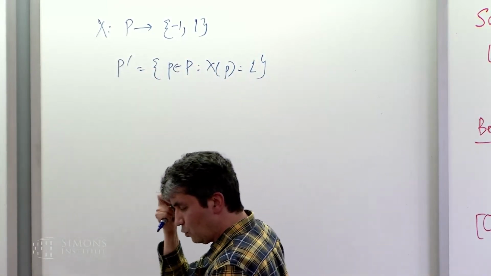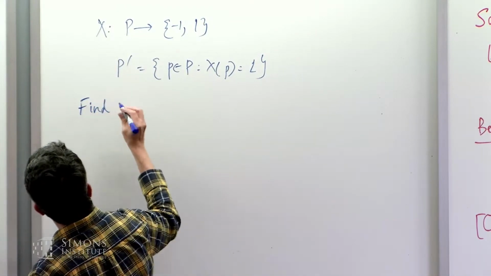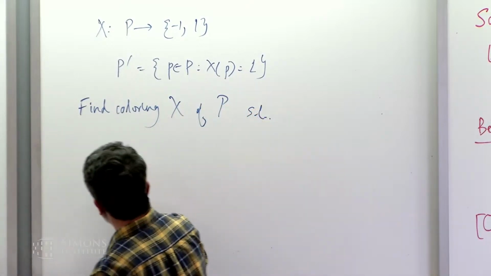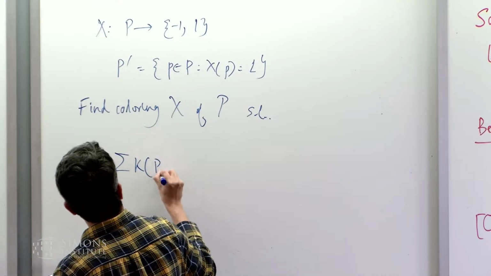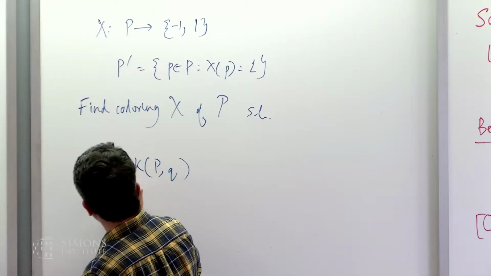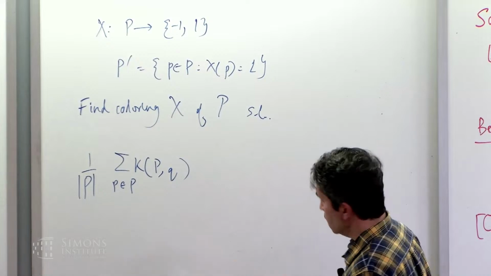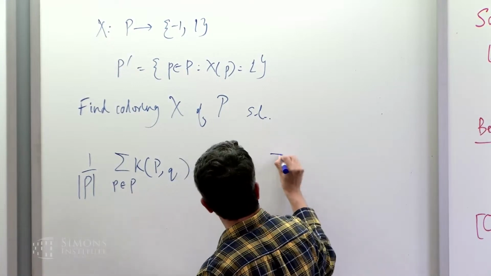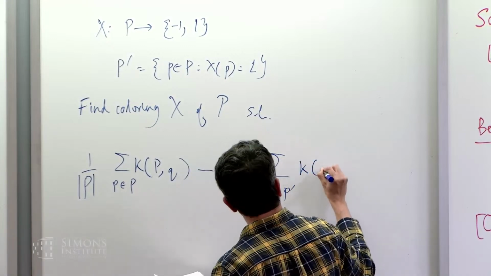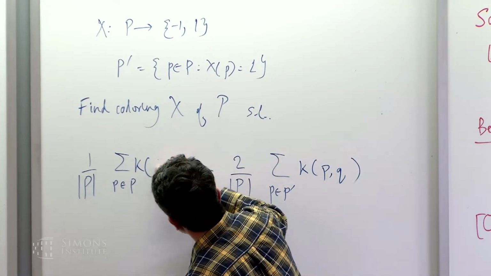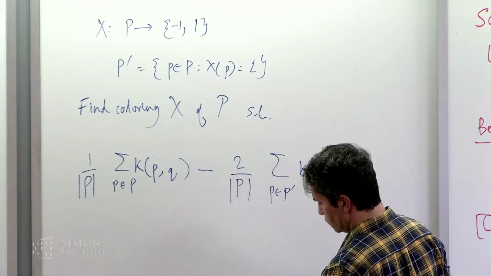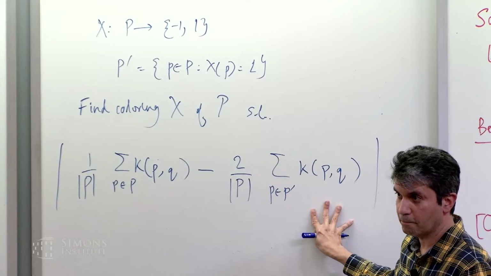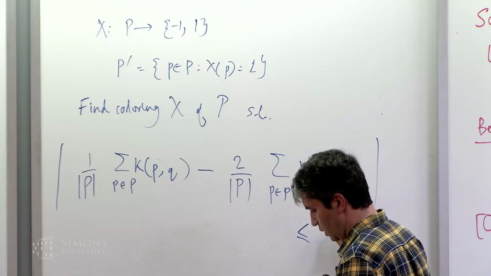What we'd like to do is find a coloring chi of P such that if you look at the average of K over all the points in P, minus the average over just the points that are in P prime, I want the average of the entire set to be close to the average over P prime, which is about half the set. I would like for this to be less than or equal to epsilon mu.